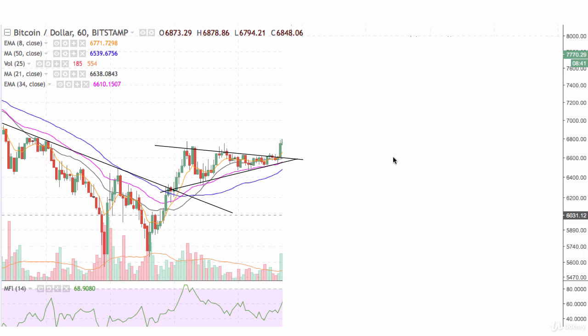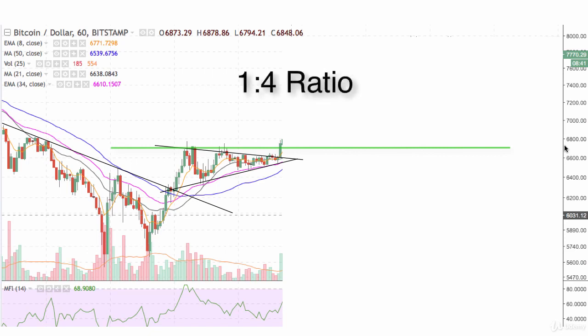Okay, so if you're entering at this level, for simplicity, let's call it 6,700. So you enter at 6,700 and you want to risk 1 to make 4. So again, for simplicity, you want to risk $100 to make $400, okay?